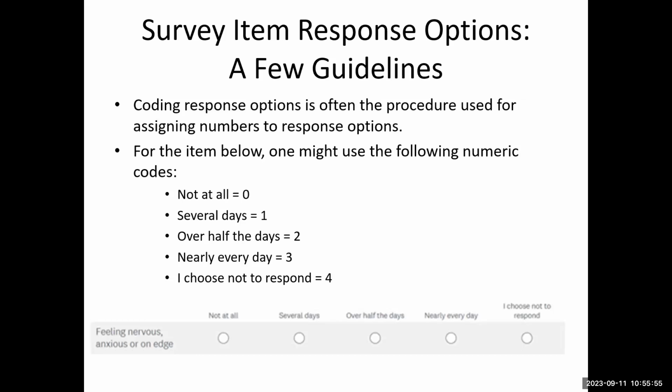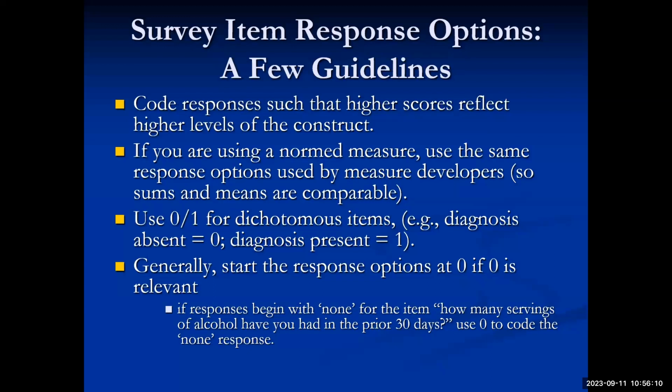So in this scenario, we might want to code the not at all responses with a 0, the several day responses with a 1, so on and so forth, up to the I choose not to respond with the numeric code 4.